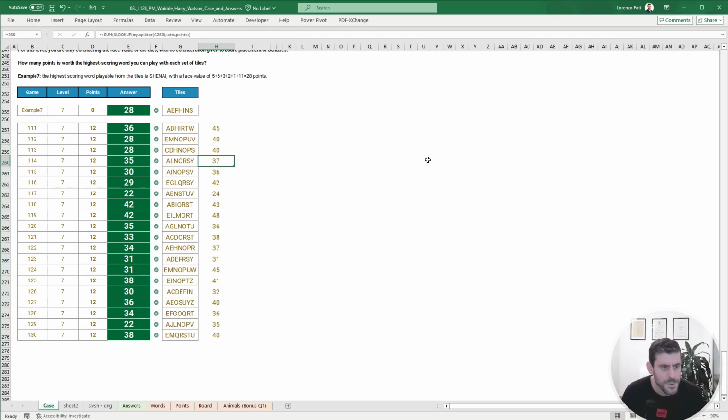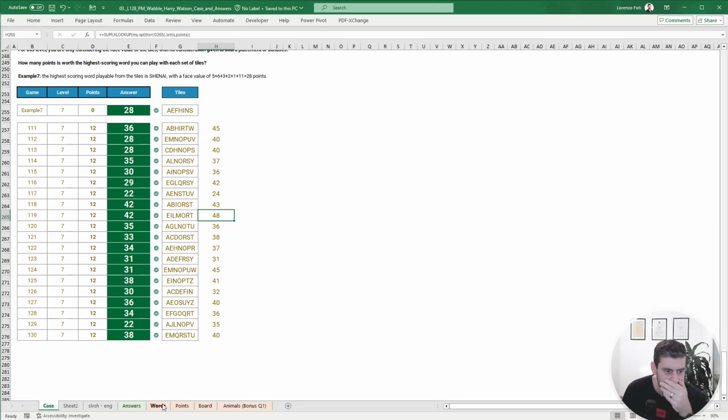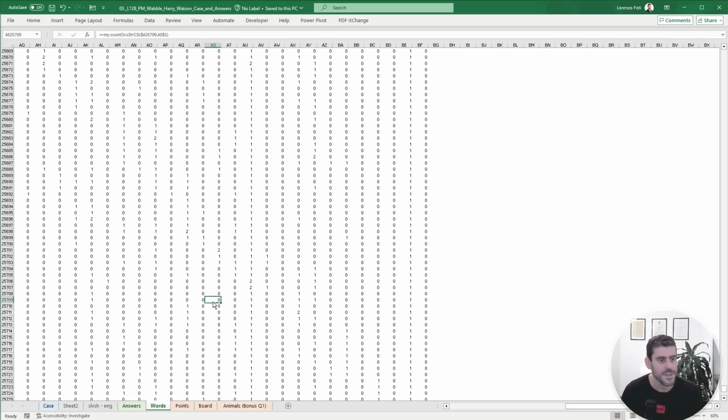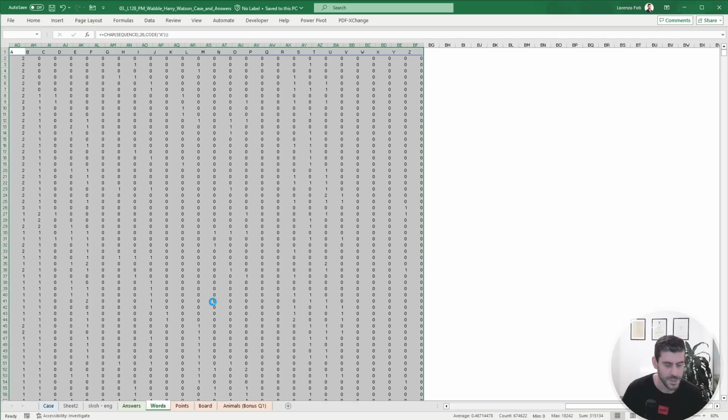So 48, this should be the tile with a higher potential value. Okay, I've crashed Excel. I think I will get rid of this, otherwise I'm going to crash everything.